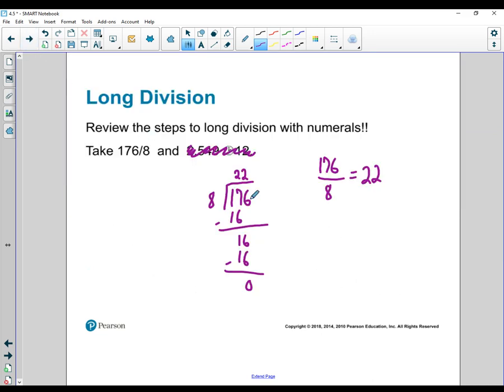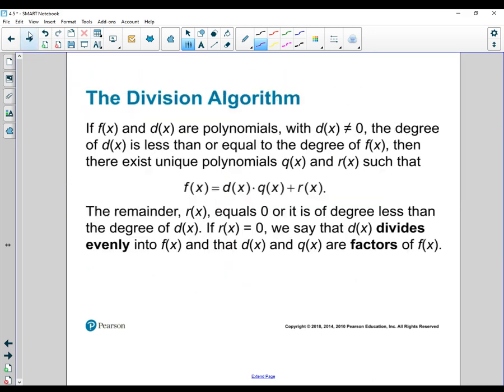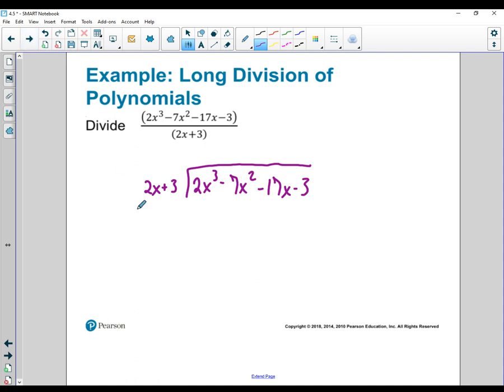When I did subtraction with this one, I want that 2x cubed to go away. And so what I'm asking myself is this quantity here, 2x plus 3, times what gives me 2x cubed? And the answer is x squared, right?